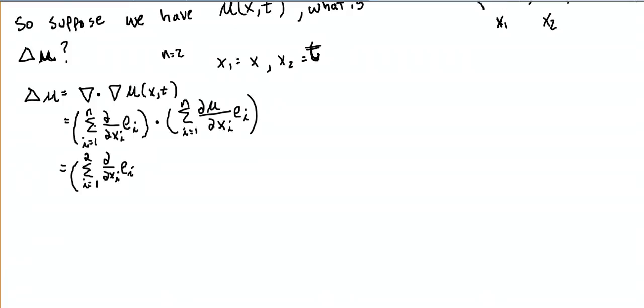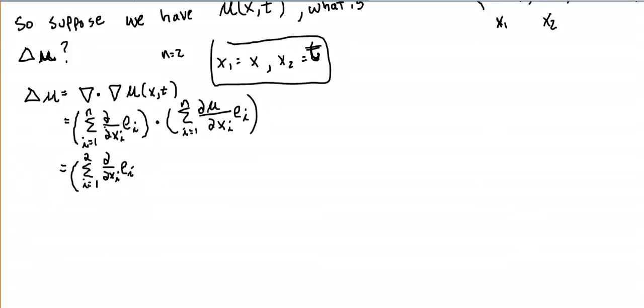So we have x and t, but over here I have x sub i's and e sub i's. So we have to find a way to make this x sub 2 become a t and this x sub 1 become an x. So this notation will work.